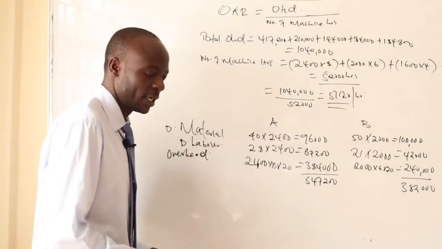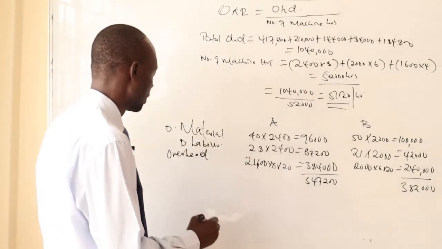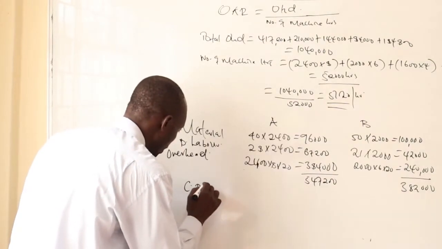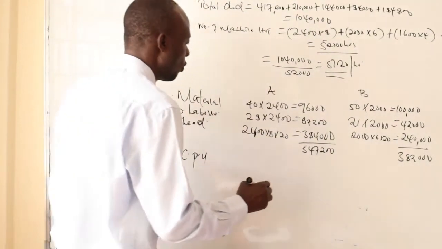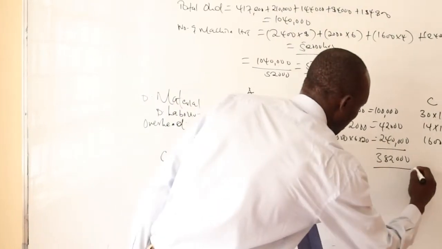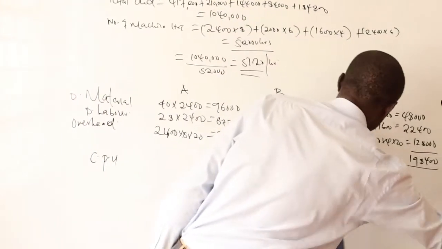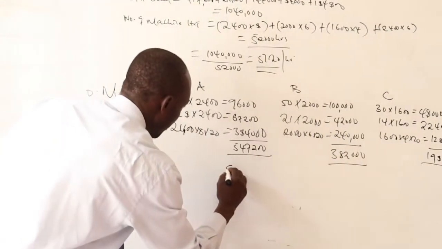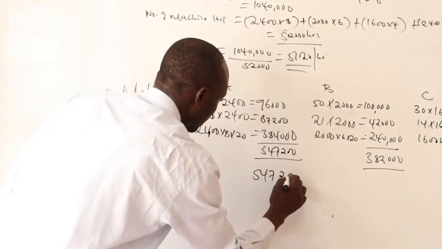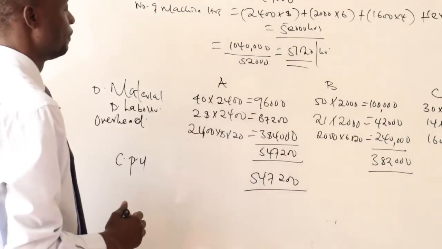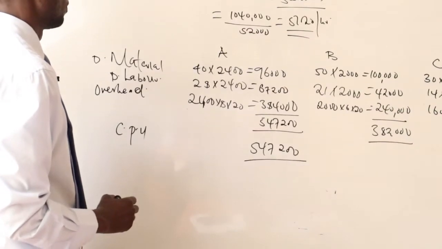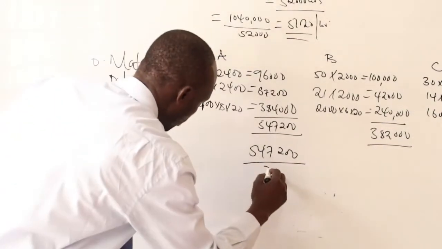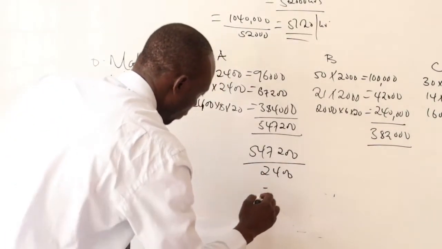Now here, the question wanted us to determine the cost per unit. So for cost per unit, we are going to divide 547,200 by the total number of units produced, which is 2,400, to give us the cost per unit.